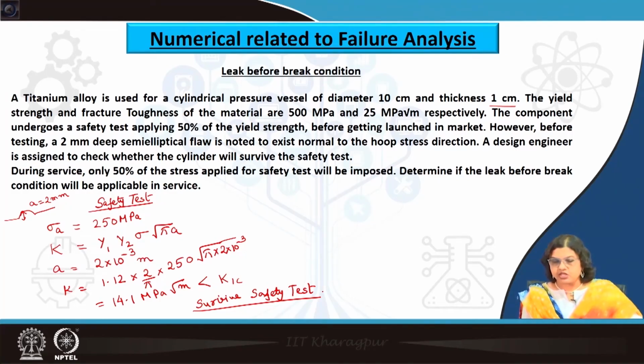Now, let us check the condition of leak before break for the service. So, in case of service, it is seen that the stress applied for service is actually 50% of that used for safety test. So, that means it is 125 MPa, and if we want to see the leak before break condition, we typically need to find out the K for this case.